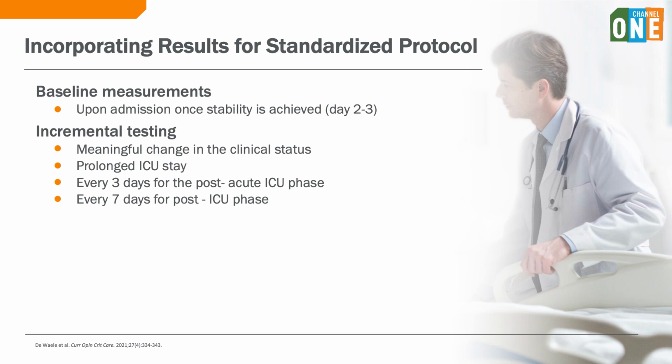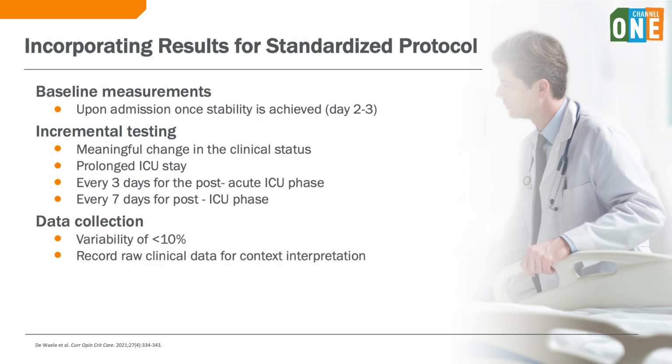As I mentioned previously, we want to ensure our variability of the test is less than 10% if all the physiological conditions are stable. It is important to record each of those physiological measurements, for instance, a fever or increased or decreased sedation, so you're able to cross-compare from one indirect calorimetry test to the next.